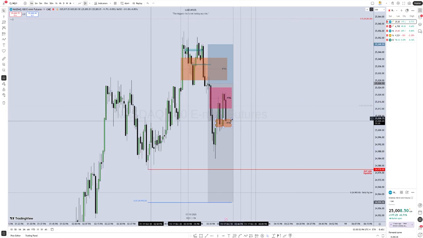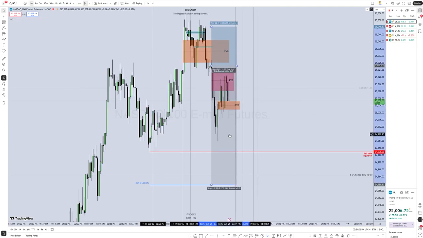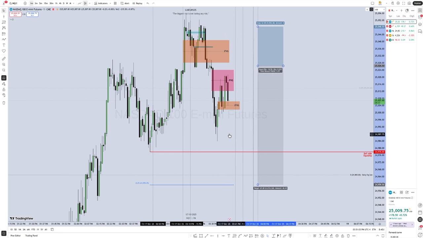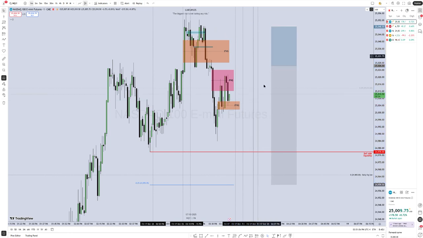For my rally lower, I'm expecting this gap to be inverse, the closure below this right there, turning this into an order block. I'm having this market trading into the upper half of this fair value gap.